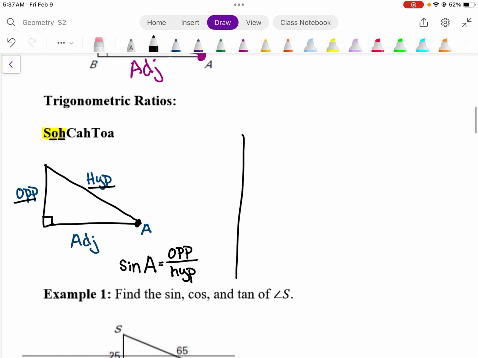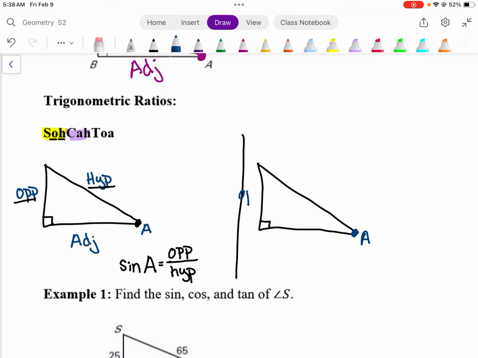Then we have the CAH part, and that one is the C. With that one, we are going to, again, use a right triangle. And if we use reference point A at the bottom again, we would have our opposite across from it, adjacent, which is connected, and then our hypotenuse opposite of that right angle.